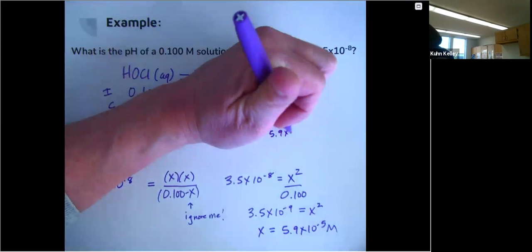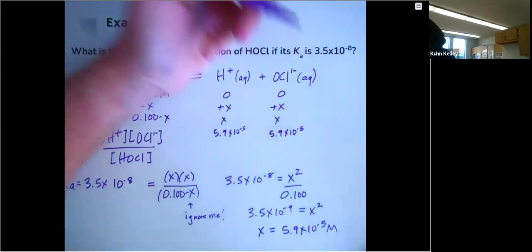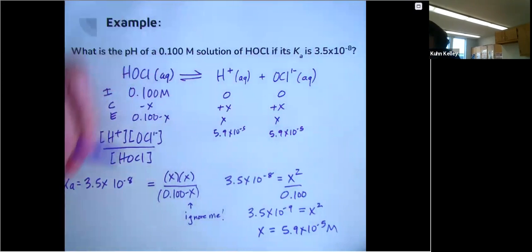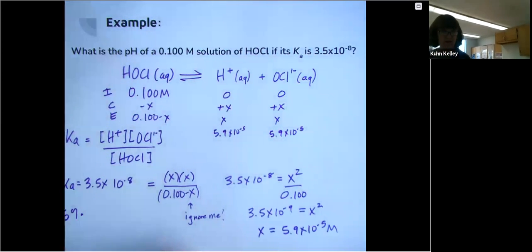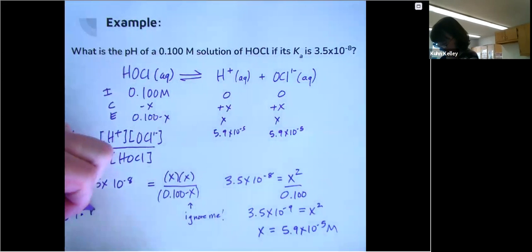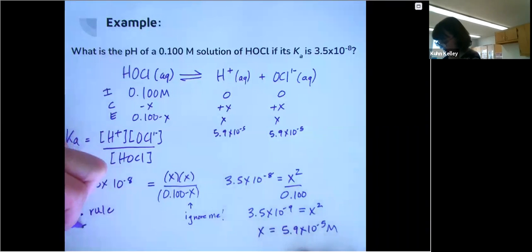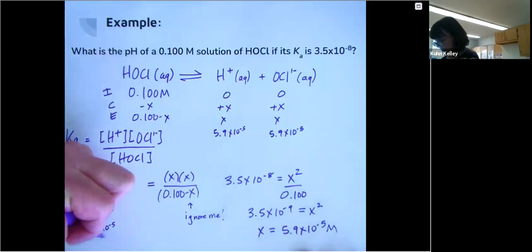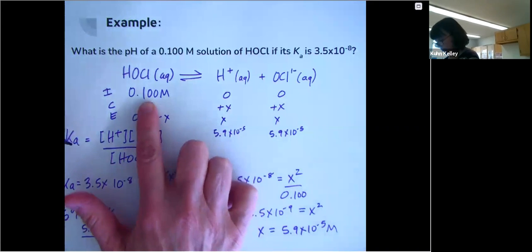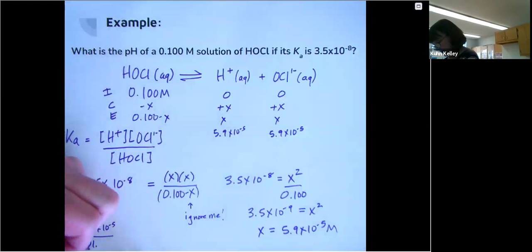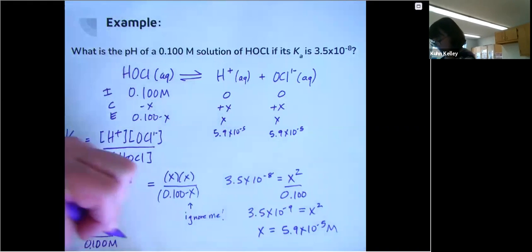I do want to check it to make sure that I'm following the 5% rule. So my 5% rule test is to take that concentration, my X, divided by the initial concentration of the acid, which was 0.1 molar, and then times 100.